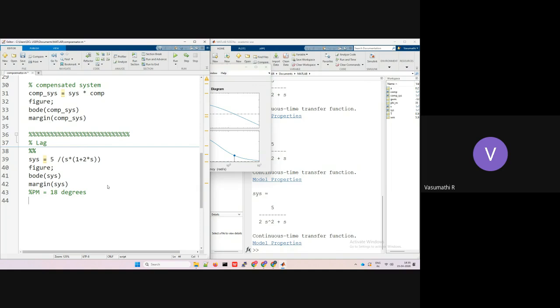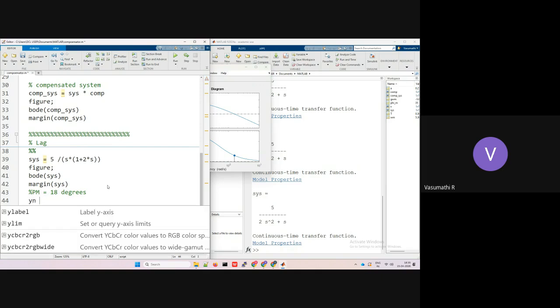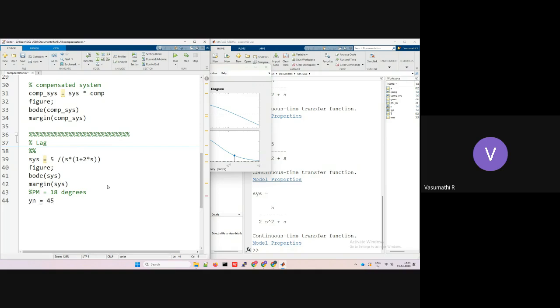Okay. Now we know what the gain margin is. The next step is to find the phase at the gain crossover frequency. First, you need to know the deviation. Now it is 40, and your desired gamma n is 40 plus 5, that is 45. You are supposed to make it 45, not 40.